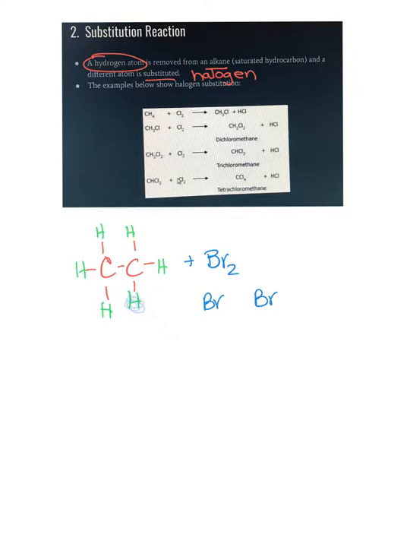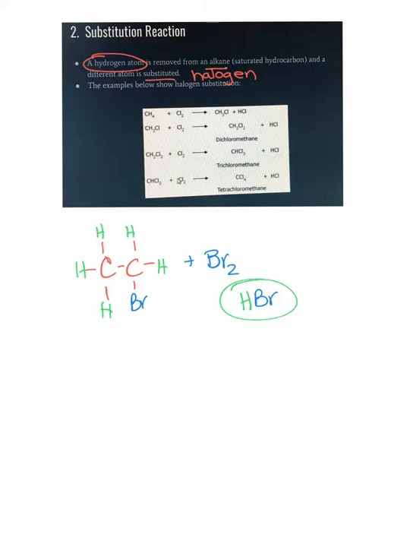In order for that to attach, I'm going to have to take a hydrogen off. So let's get an eraser. Let's take a hydrogen off. Okay, and we're going to take one of these bromines and place that bromine on there. Now the hydrogen that came off is going to hook up with the bromine that is left. It's substituted in for a hydrogen.